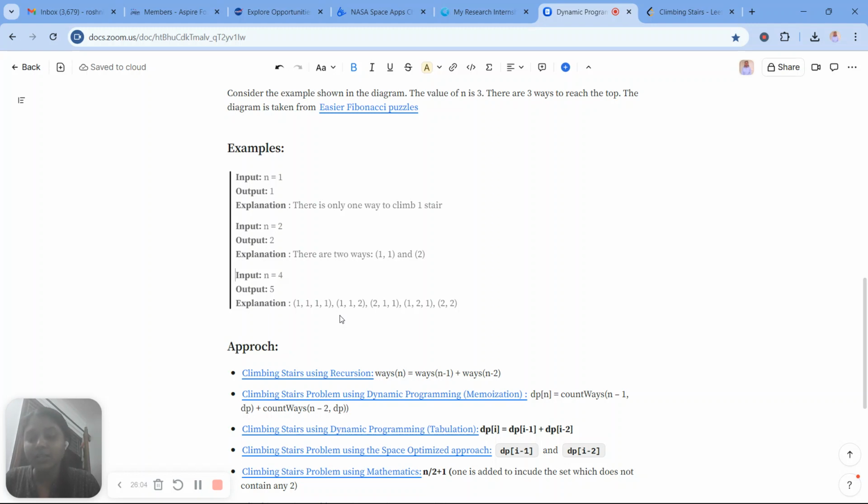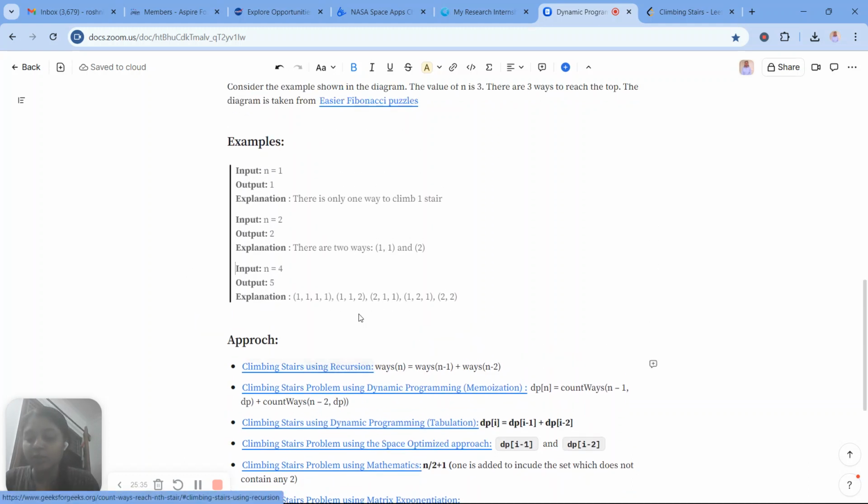Similarly 2, 1, 1, the opposite of that. Another possibility is 1, 2, 1, skipping two steps in the middle. And the last one is 2 and 2, going to the second and then directly to the fourth. So there are 1, 2, 3, 4, 5 possibilities, so the output is 5.